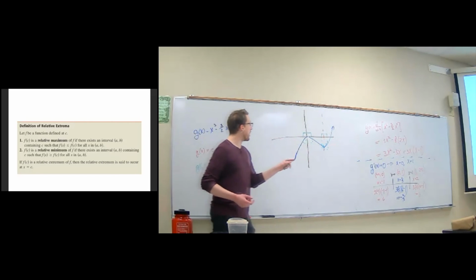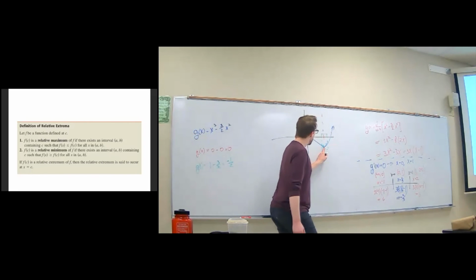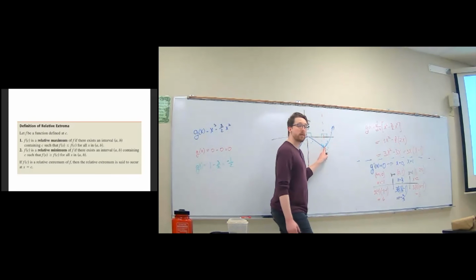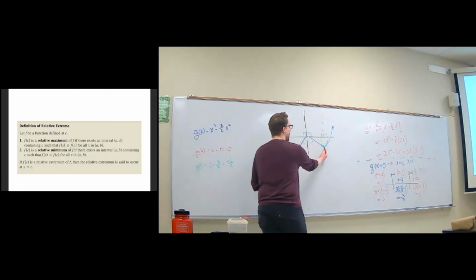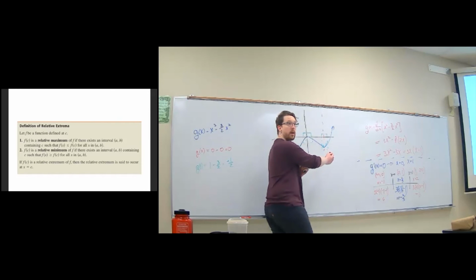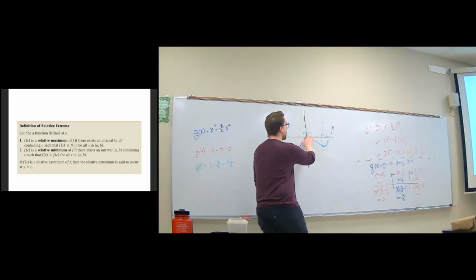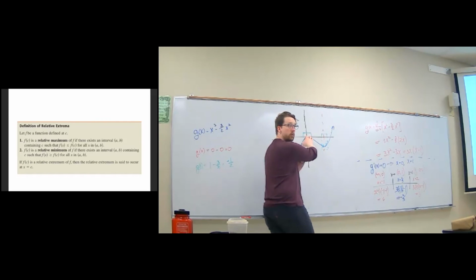And if everything around that c is above it, then you're at a relative min. Does that make sense what I mean? So come down here, jiggle your x, and every value you're going to get is greater than at this minimum point. Everything here is going to be below this maximum point. Cool?